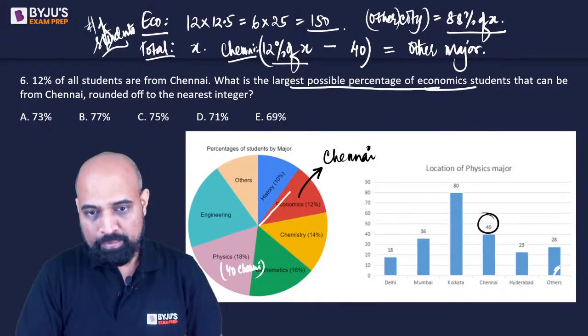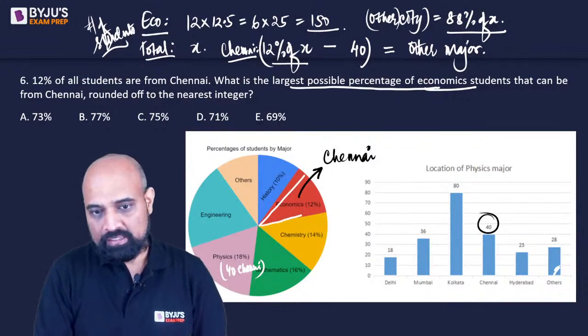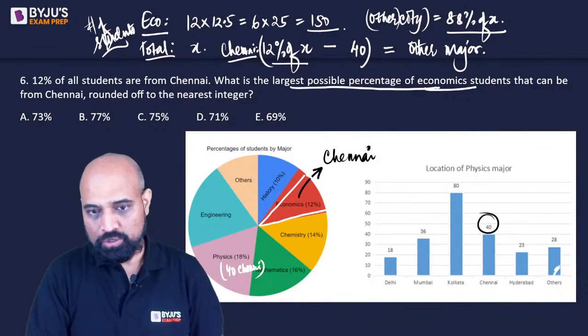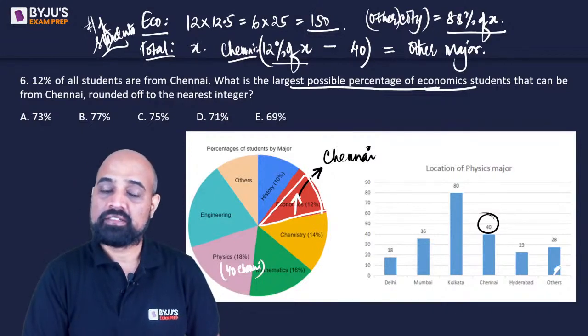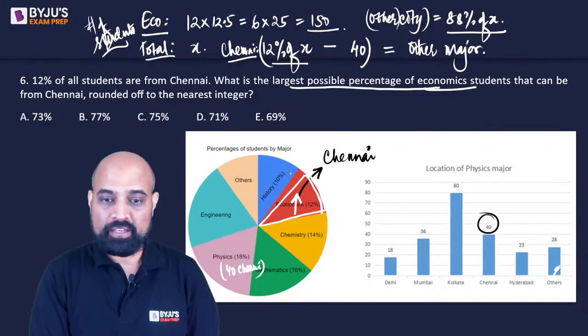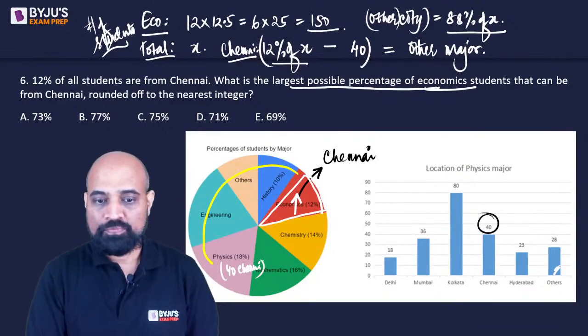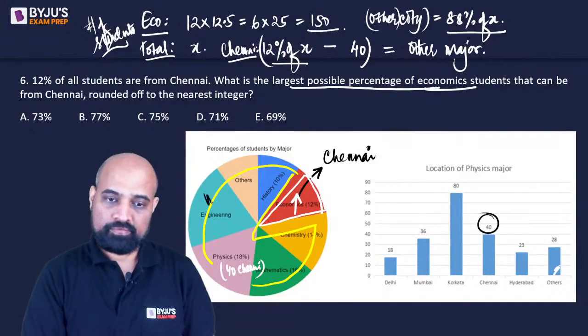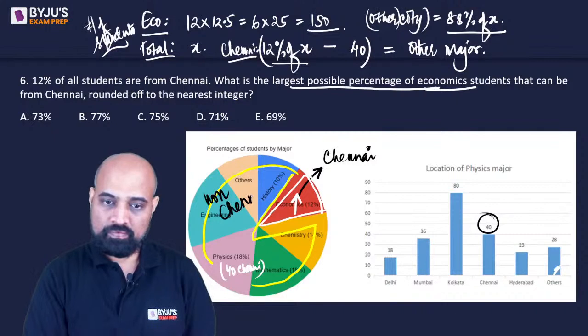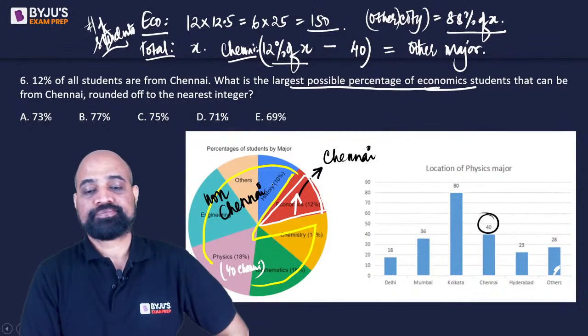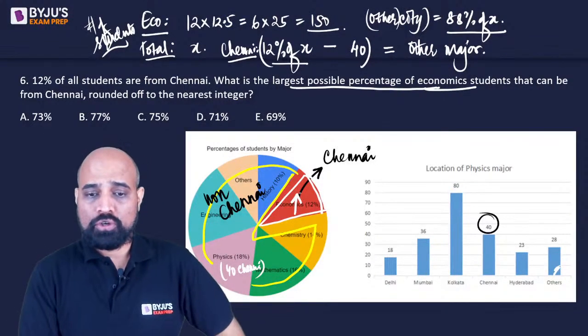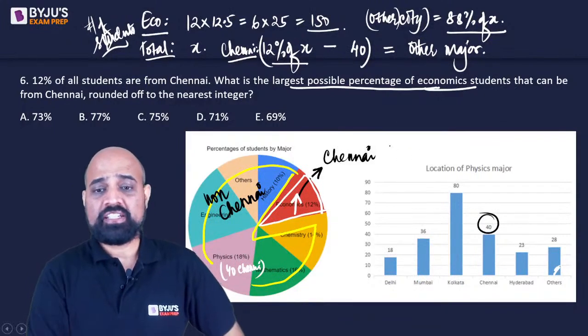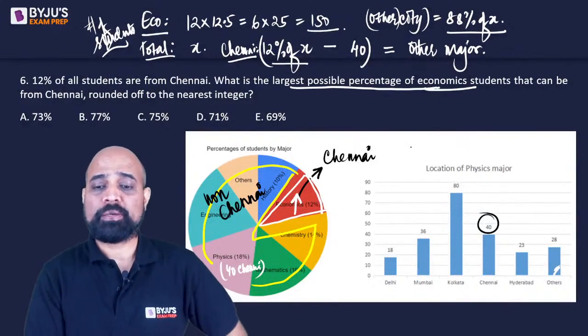So अभी मैं बोल रहा हूं कि if I say that these are the total students who are from Chennai, and I need to maximize this, it is only going to happen if I somehow fill ये जो बाकी portion है with non-Chennai students, right? तो ये करते हैं.